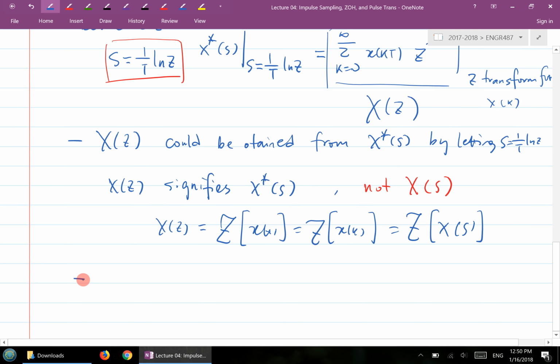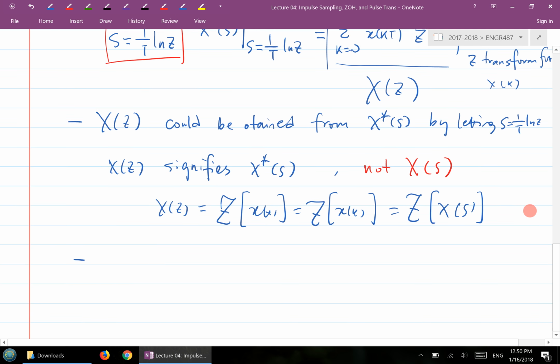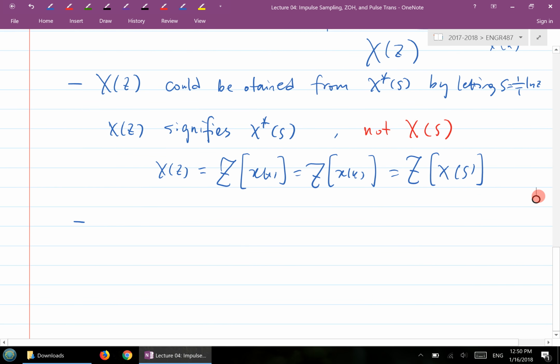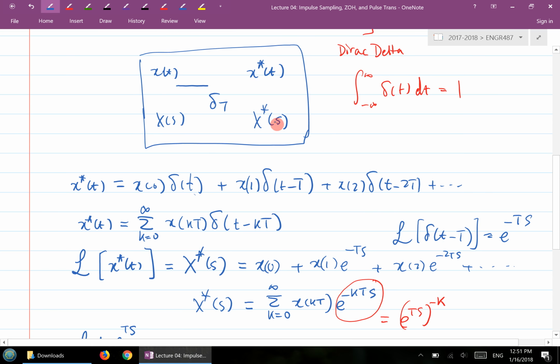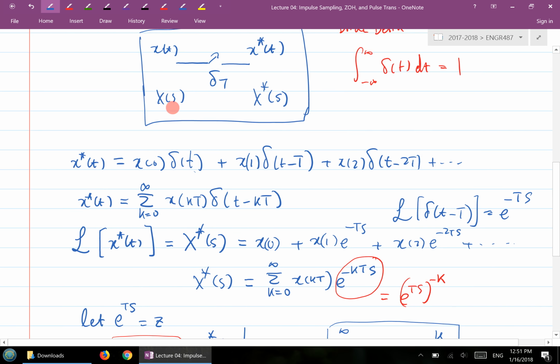That's the first information. Second information, we'll come back to this later. If you look at the model right here, x star of s comes from passing this x of s through this impulse sampler. Or you pass x of t through this to get x star of t. So there's a connection between this x of s and x star of s.